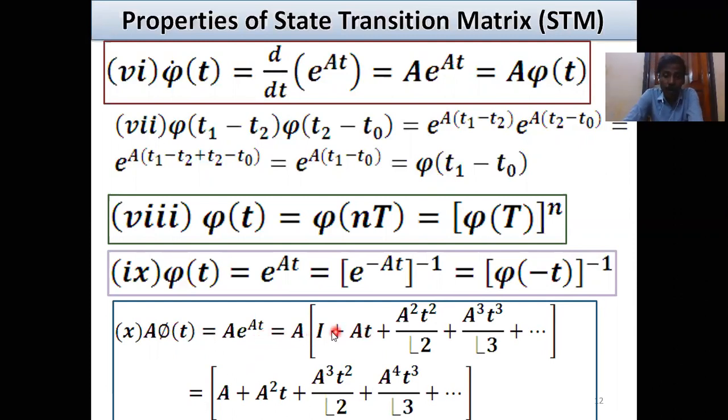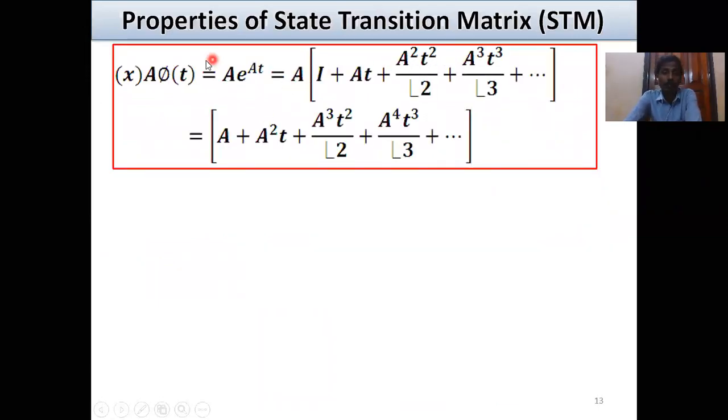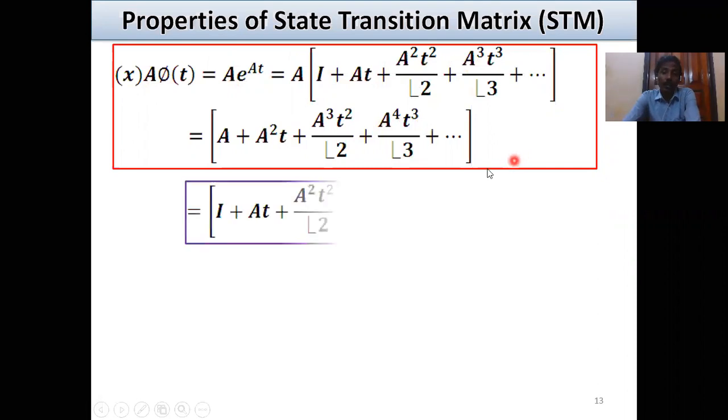Using the expansion formula, I plus At plus A square t square by factorial 2 plus A cube t cube by factorial 3, then multiplying by A, we get A plus A square t plus A cube t square by factorial 2 plus A to the power 4 t cube by factorial 3 plus and so on. These are the properties of the state transition matrix.